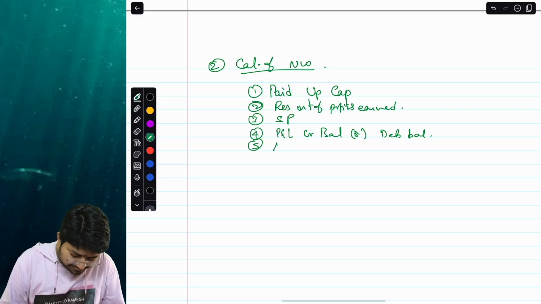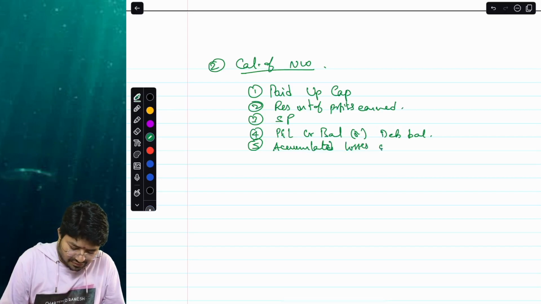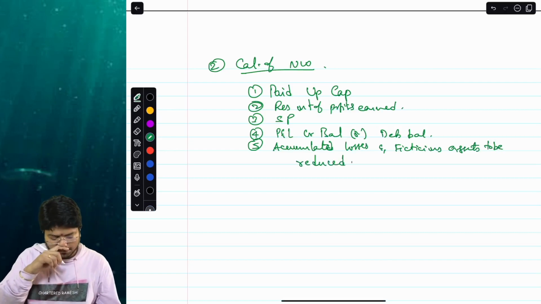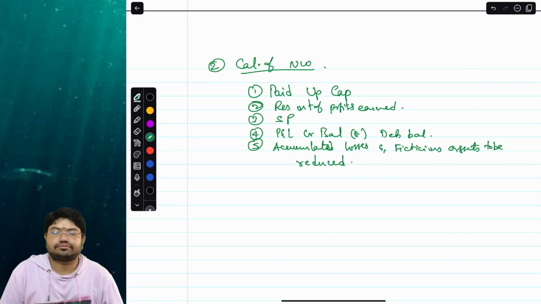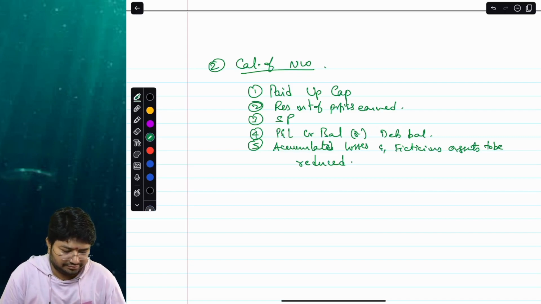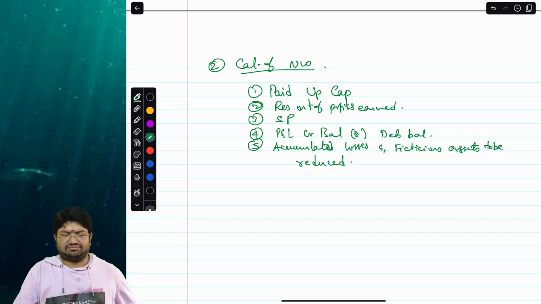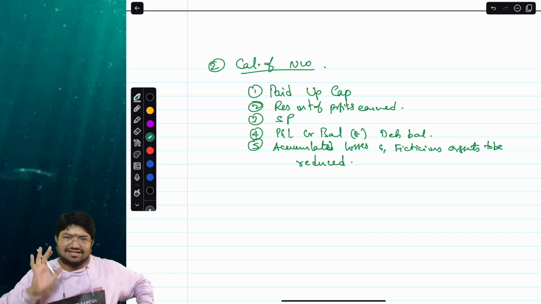Number five, accumulated losses and fictitious assets to be reduced. Okay. Now, what are these? Let's understand part by part.